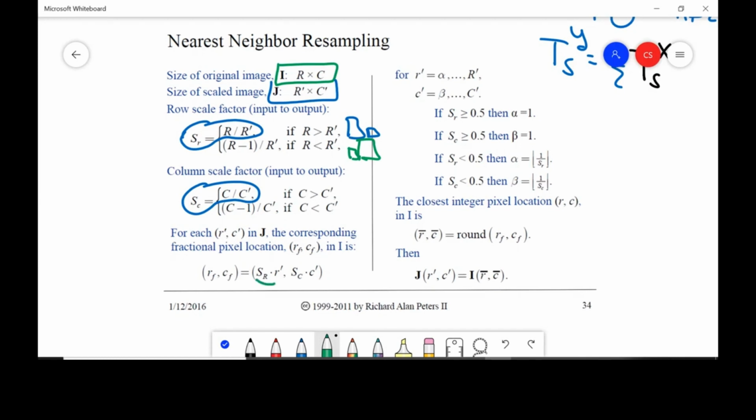We have them here, the two scaling factors. And in all these approaches, all these operators, this is a geometrical operation, in the sense that we are making the image smaller or bigger.